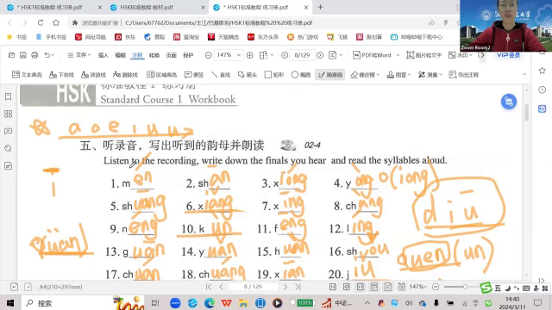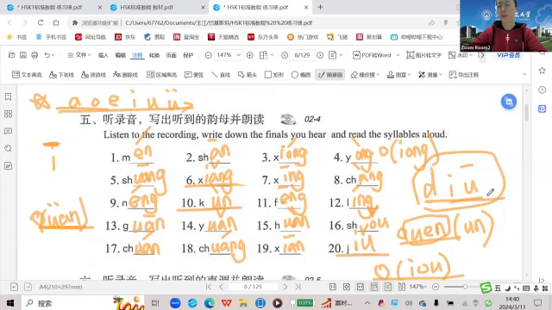When we mark the tone, we obey this rule according to the sequence: a, o, e, i, u, ü. But there is only one exception: when I and U appear together in the syllable, we should mark the tone above the last one, the alphabet U, right? So that's the right answer, jiu. And let's review.